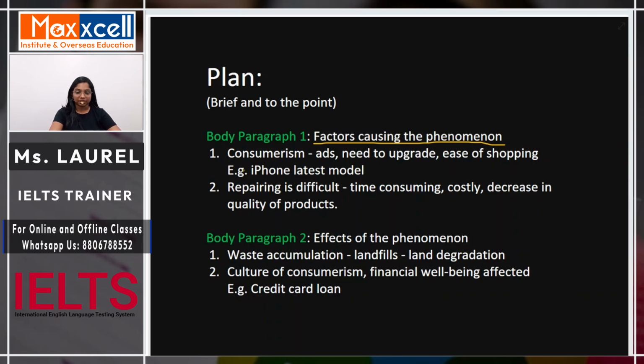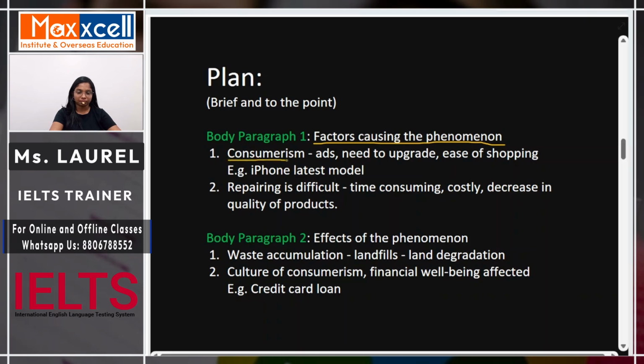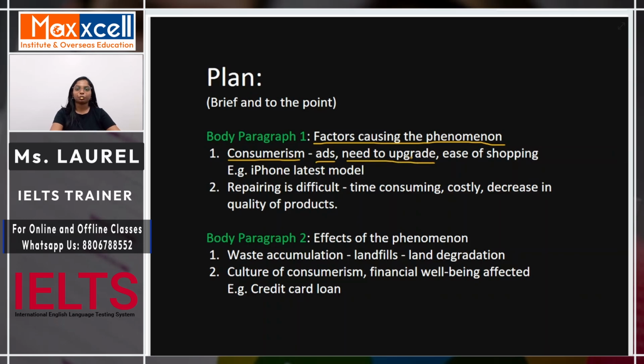What is causing this? Two things that we have included here are, first, consumerism. All the time we are shown ads, we are told that we need to upgrade. Every time you go on YouTube, maybe you will see that a new phone has come out, same phone but some new model, slight change in the model and you need to upgrade.